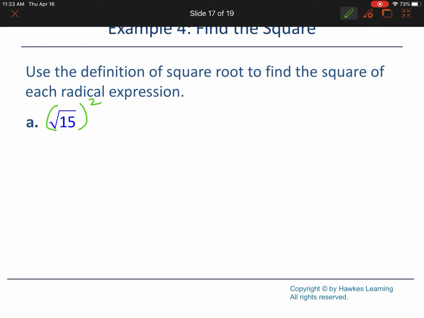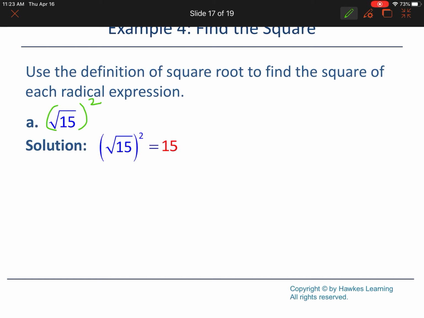So, well, remember that the square root of 15 is the number that you multiply by itself to get 15. And so here I am multiplying it by itself. And so it will be 15. So when you square it, it kind of undoes that radical sign, right? So the square root of 7, if we want to square it, it's going to be 7.